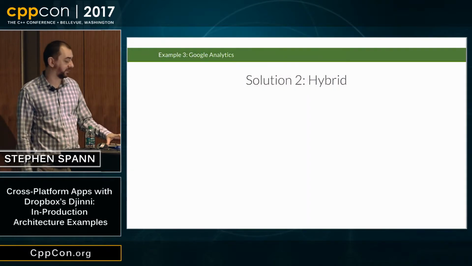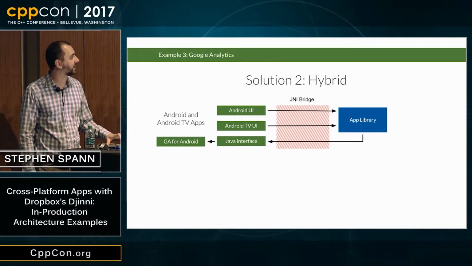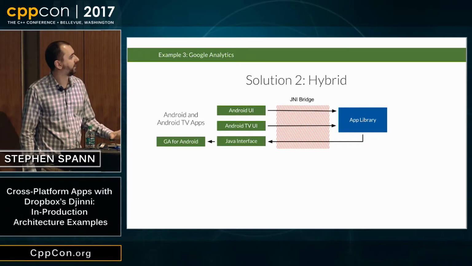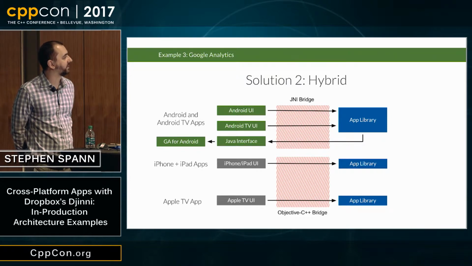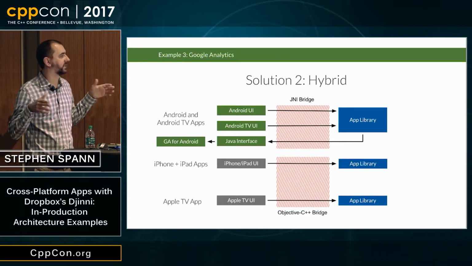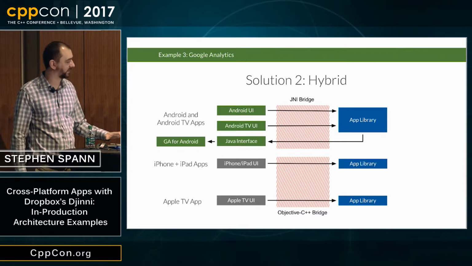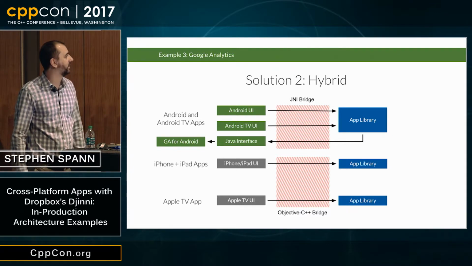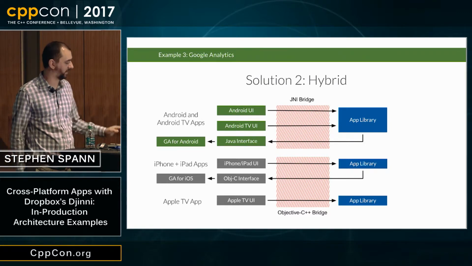So we're going to combine the two things. Android was always fine, so keep it exactly like it was. Apple side of things: iPhone and iPad separated from TV. They're both crossing the bridge. It's the same library, but I separated them just for aesthetics. So iPhone and iPad go back across the bridge, interface, Google library for iOS.